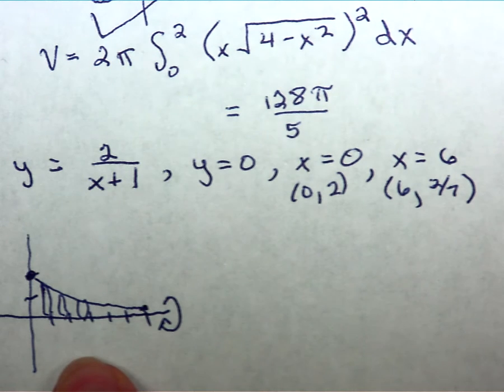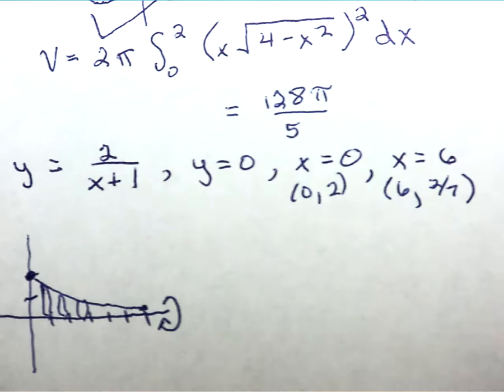The direction said, bounded by the graph, find the volume of the solid generated by revolving the region bounded by the graphs of the equations about the x-axis.